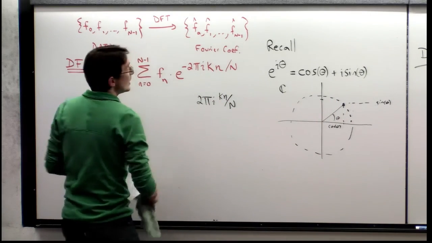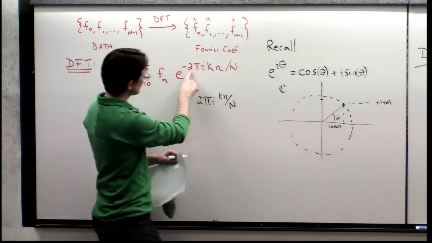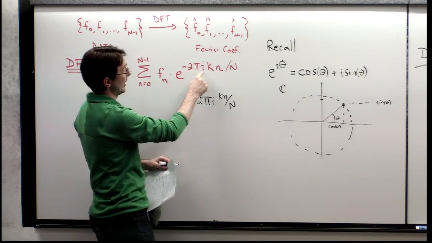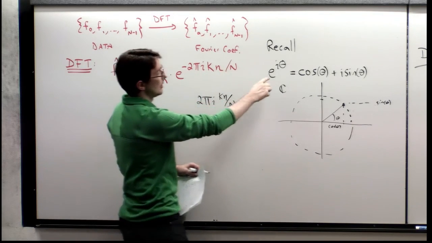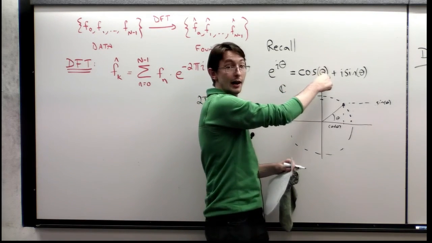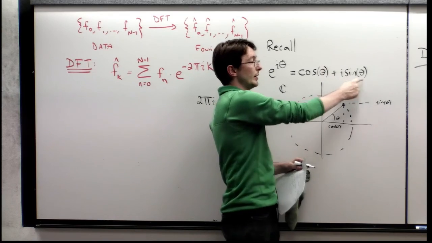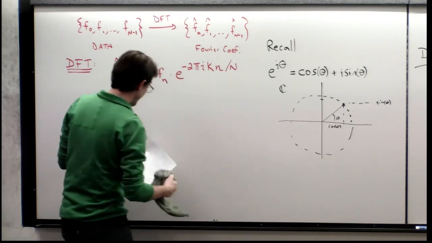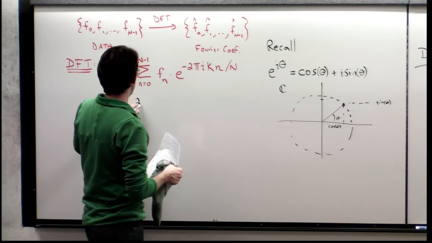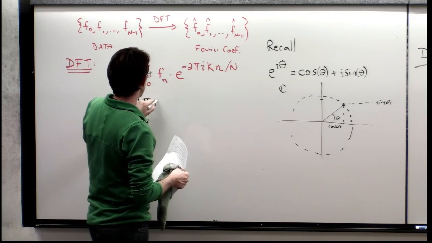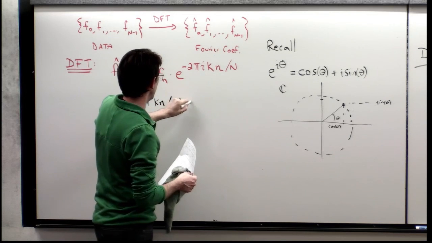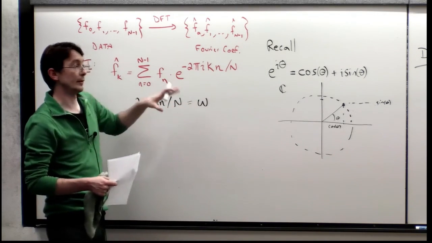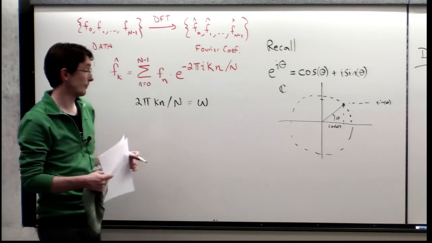But you see that these now are frequencies. e to the 2 pi i times this is really cosine of 2 pi times that frequency plus i sine of that frequency. So what I like to say is that 2 pi kn over big N is a frequency. It's some frequency that my signal is oscillating at.